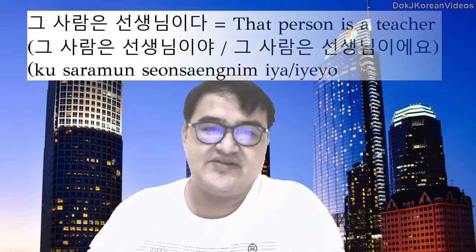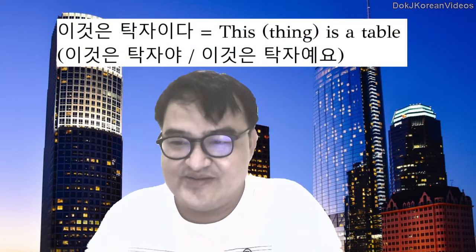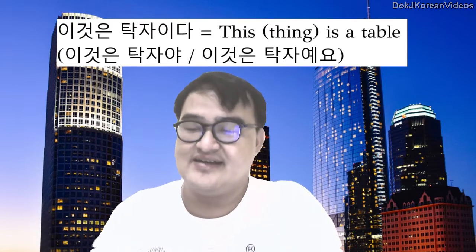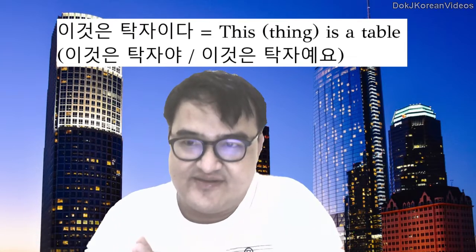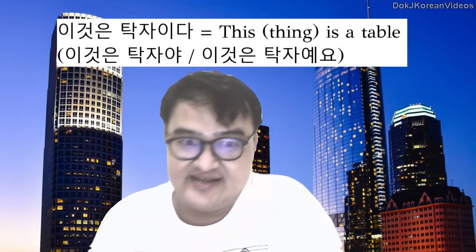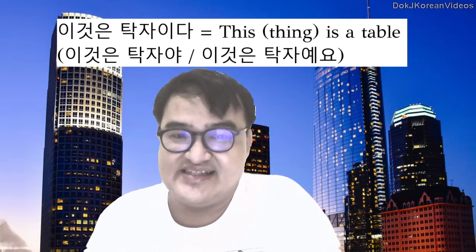Now, when we say "this thing is a table," again, this thing, if you can remember, is igot. The subject is igot, and then we connect it with the particle un: igosun. Bed is chimde.